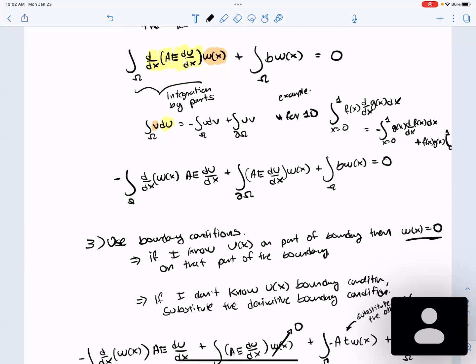For 2D, if omega is a 2D domain, then the integral over partial omega is an integral over the boundary of that domain. So it's an integral over a line. So this is just boundary, wherever boundary is.